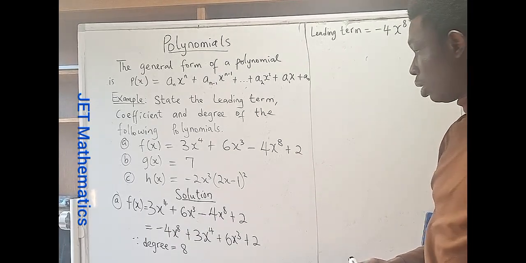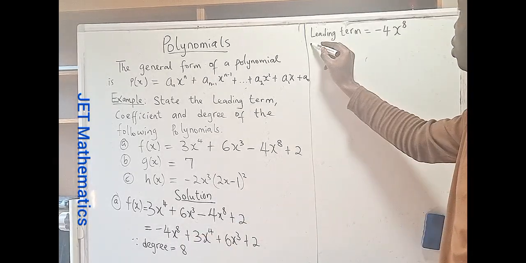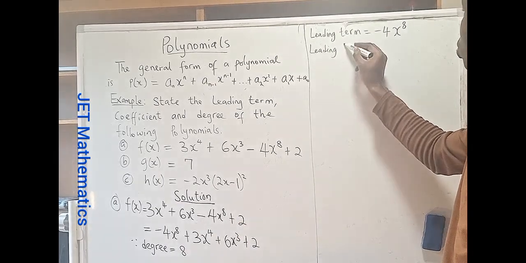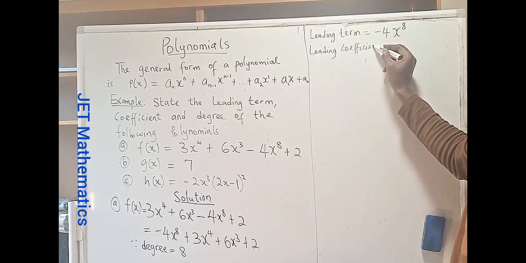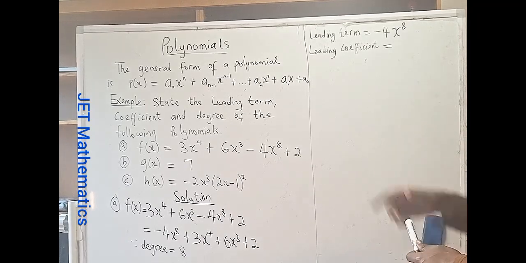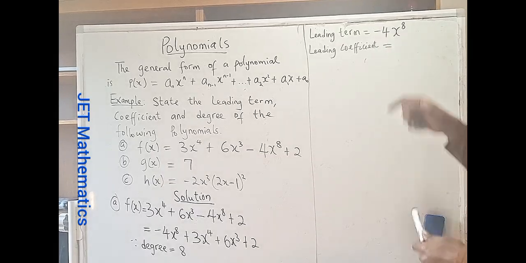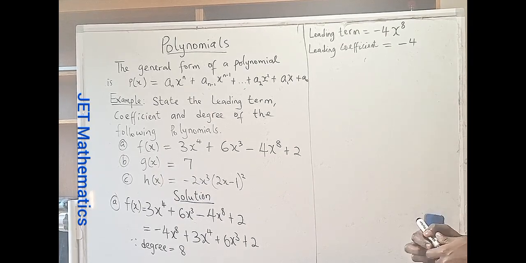Then the leading coefficient is equal to the coefficient of x raised to the power of 8, which is minus 4. So that gives us minus 4, the leading coefficient. Very easy to do.